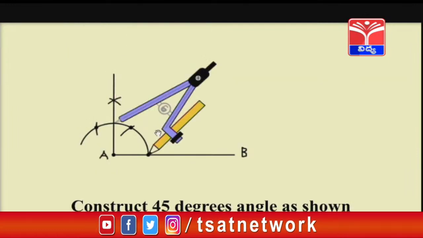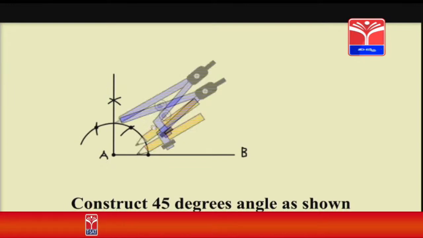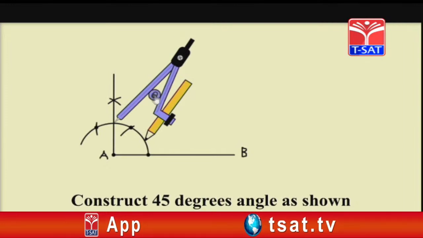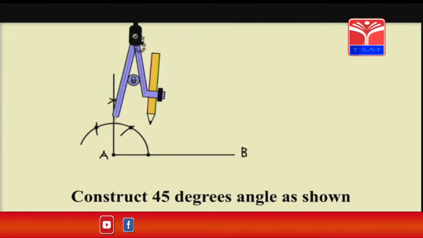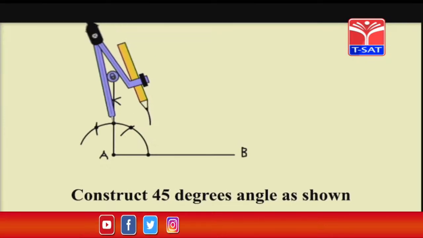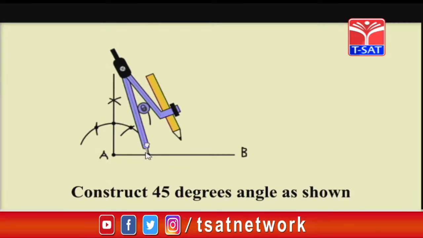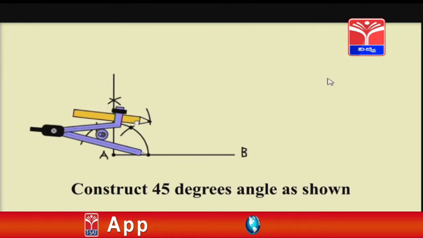Now, we are going to draw the bisector of this 90 degrees angle. So, for that we will take more than half of this length as shown and draw an arc in the interior of this angle, that is 90 degrees, as shown. From there again we are going to place this compass over here and draw one more arc to intersect the previous arc.